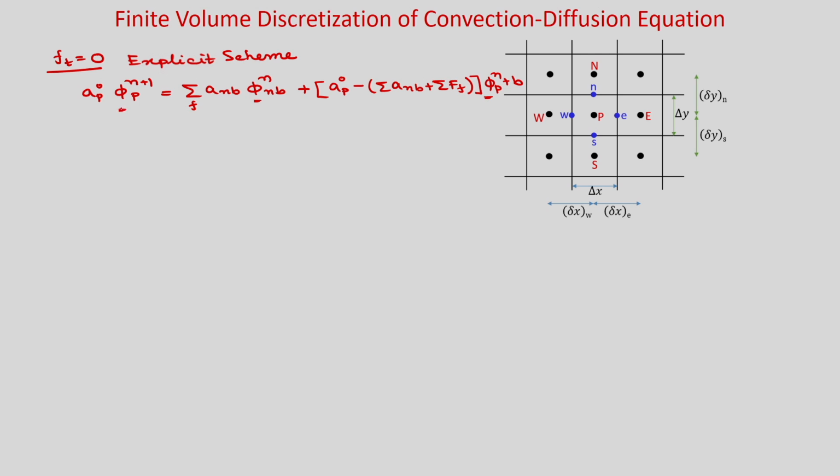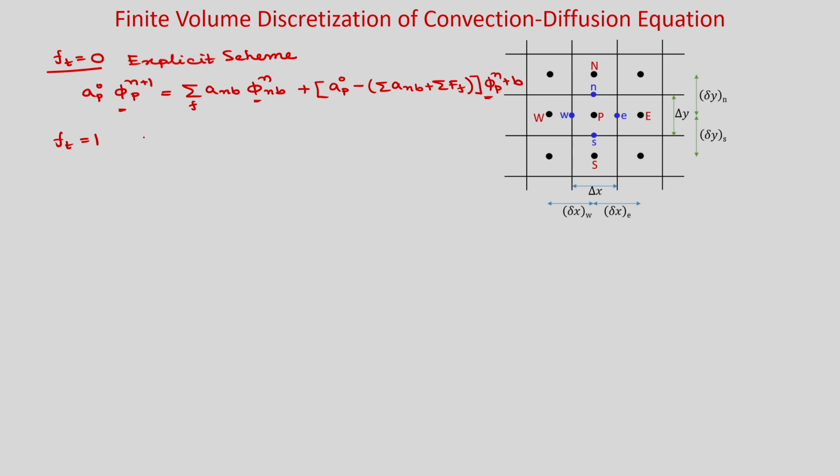So you are actually calculating phi p at the present time level n plus 1. One unknown and the right hand side known, so obviously it is an explicit scheme, and its order of accuracy is first order.